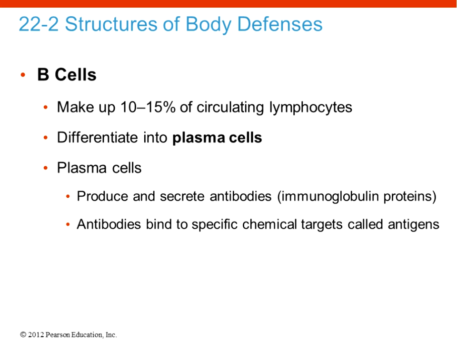Now, the other category of cells are B cells, and that makes up 10 to 15% of the lymphocytes. And these B cells are different because they differentiate into what are called plasma cells. And plasma cells are going to have a different route for immunity and defense, and they do this by producing and secreting antibodies.